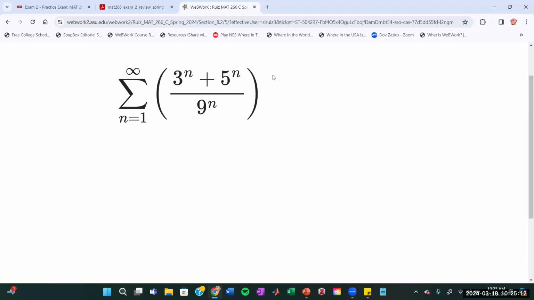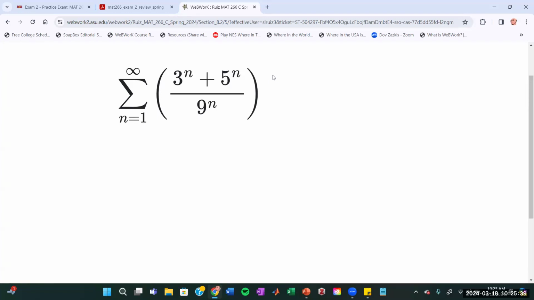If they're asking us to find the sum, like I think I said on Friday, but I'll remind you, it's one thing to determine if a series converges. It's a much harder thing to find the sum in general. There are only very specific kinds of series that we understand well enough to figure out their sums.